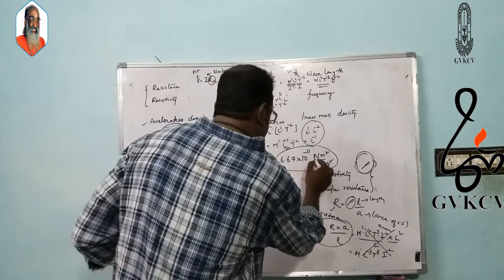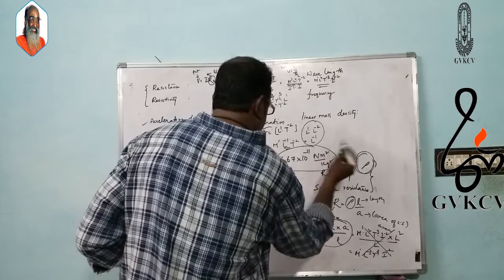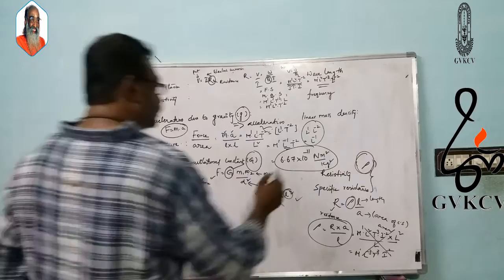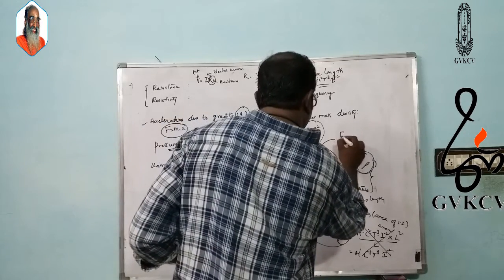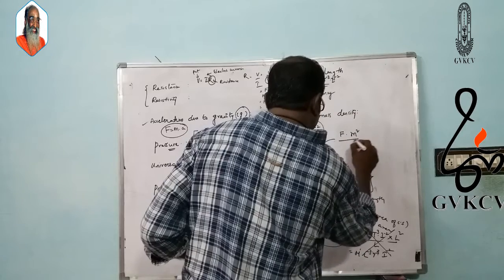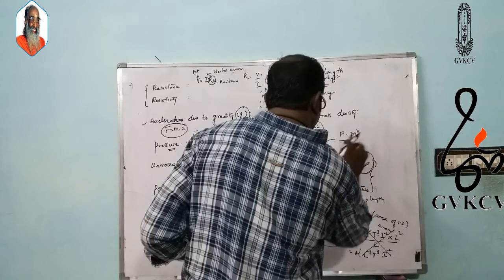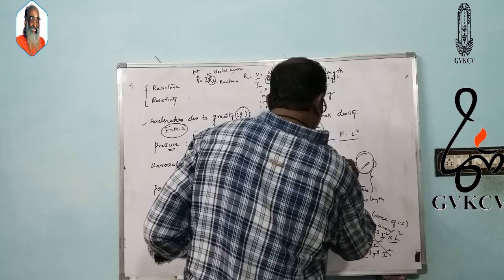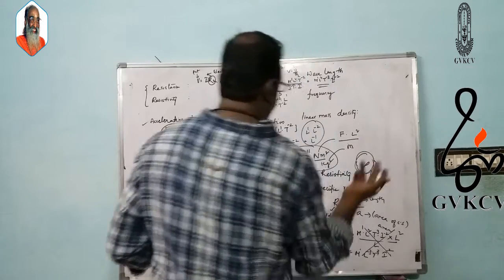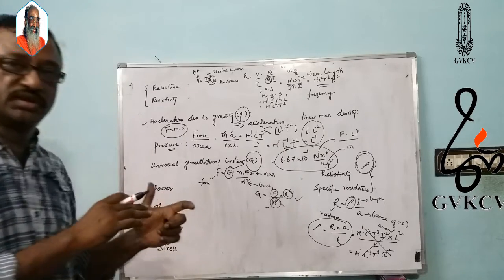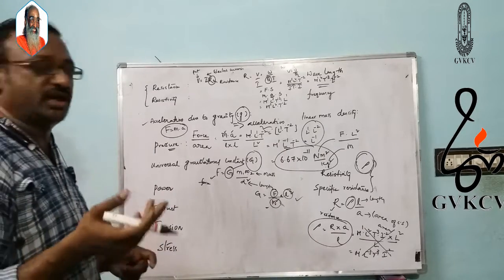What is this Newton? It is force. What is this meter square? It is length. What is this kg square? It is mass. Okay. So from this it is F, from this it is length, sorry, meter square means length square, and kg square means it is mass. From that also you can write down. So if you are able to remember the units, from units also you can write down the dimensions.